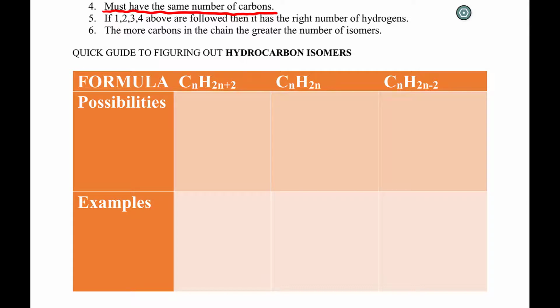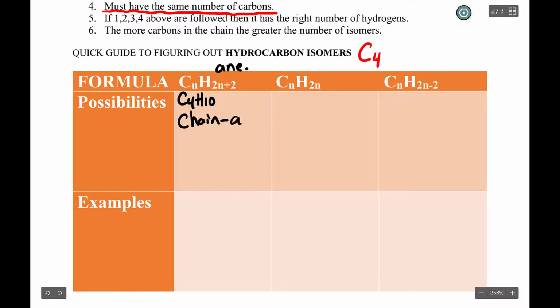So let me go over a kind of a quick outline of the possibilities of isomers here. We'll talk about C4 compounds, okay? So this here would be C4H10. 2 times 4 plus 2 is 10. These are alkanes, essentially. And the only possibility for this would be a chain alkane. That's it.